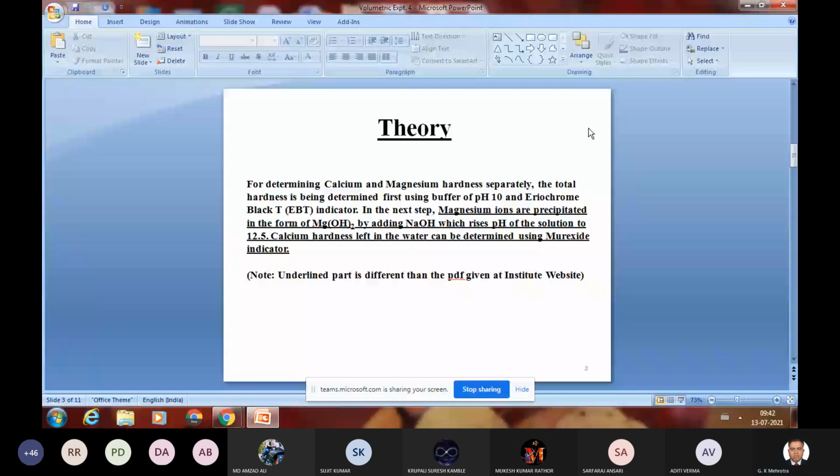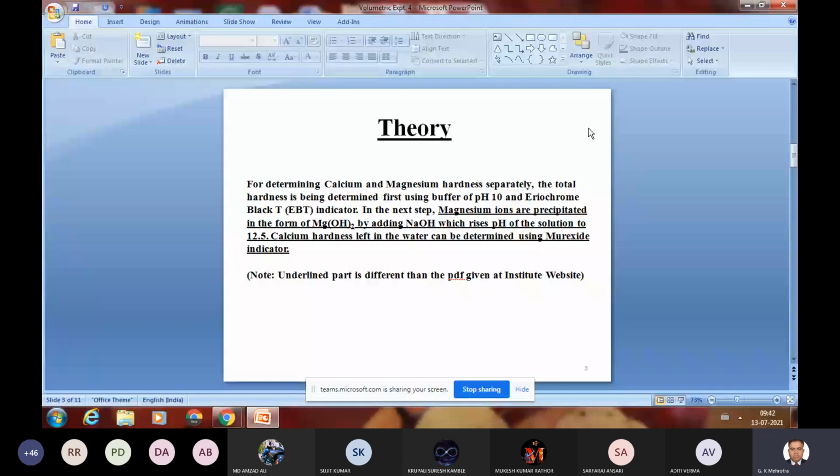When you add this indicator to a definite quantity of water sample, it forms a wine red colored complex. Then when you add the EDTA from the burette, at the end point, calcium and magnesium, being stronger metal ions that bind with EDTA, replace the indicator.